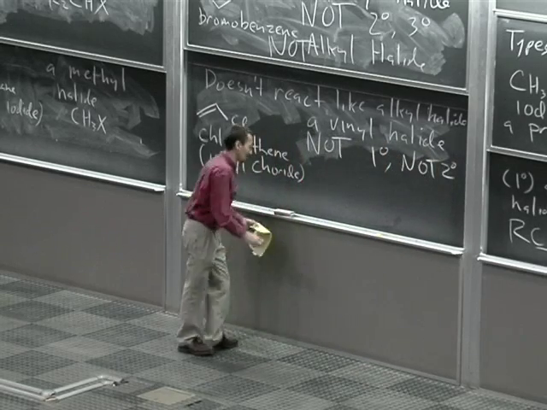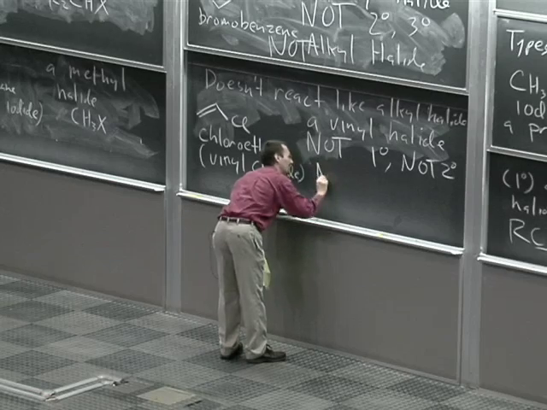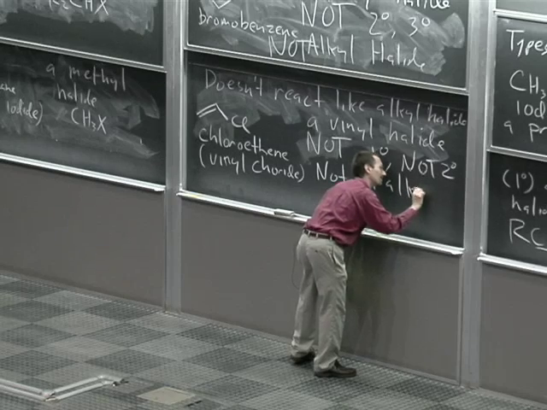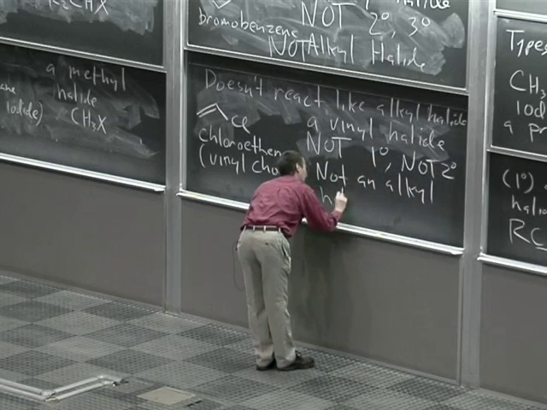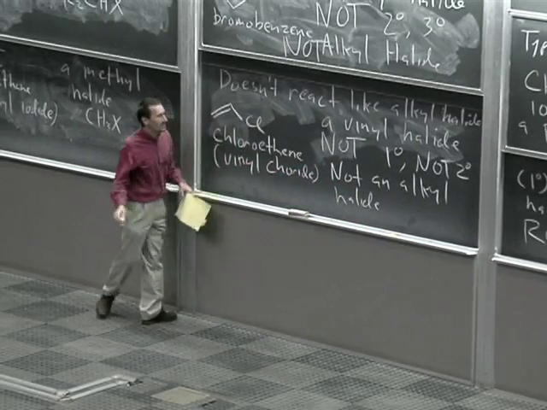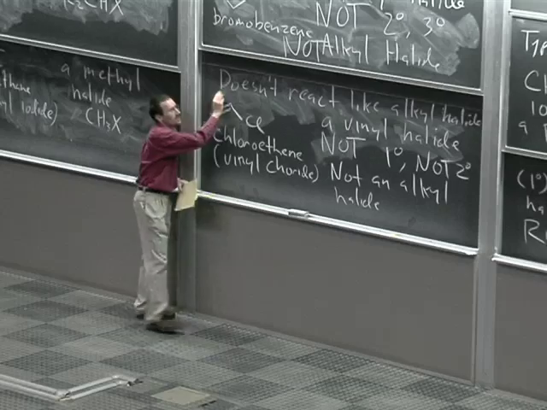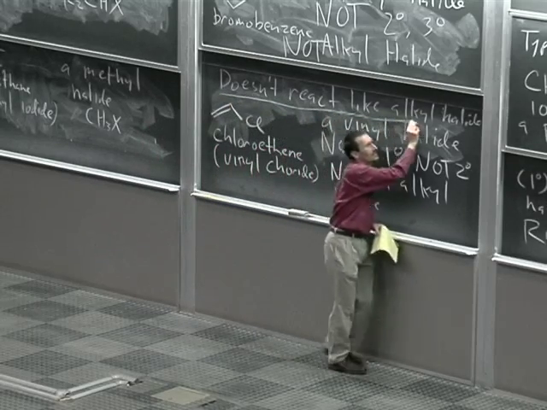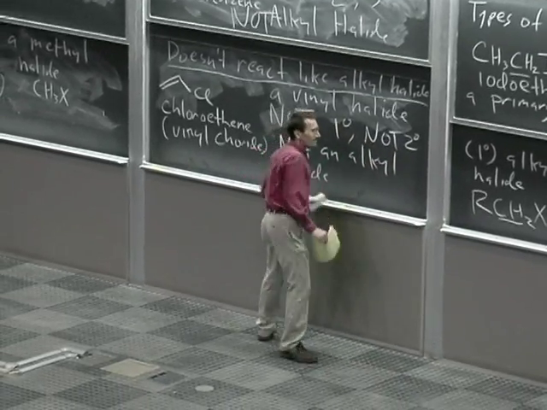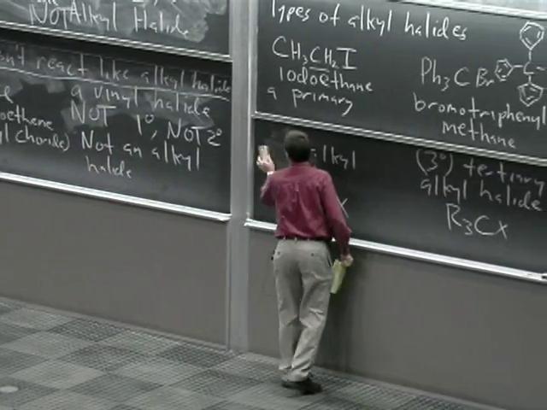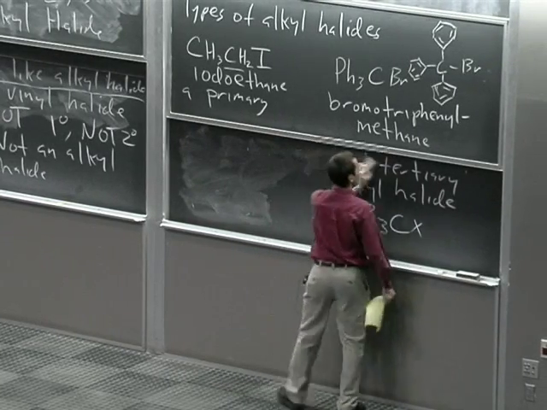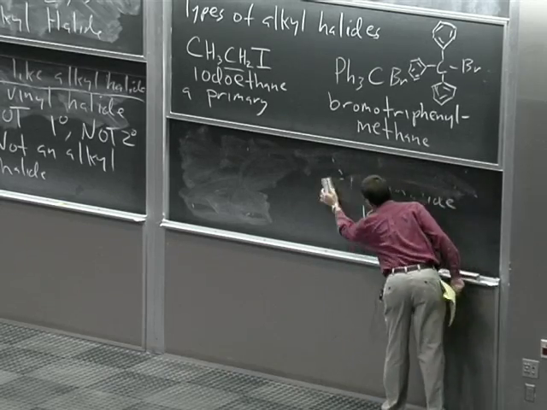It's just not an alkyl halide. And again, just like the case of bromobenzene, it doesn't react like an alkyl halide. All right. And this is really about seeing the anatomy of these molecules. So here we're bound not to an sp3 carbon, but to an sp2 hybridized carbon.